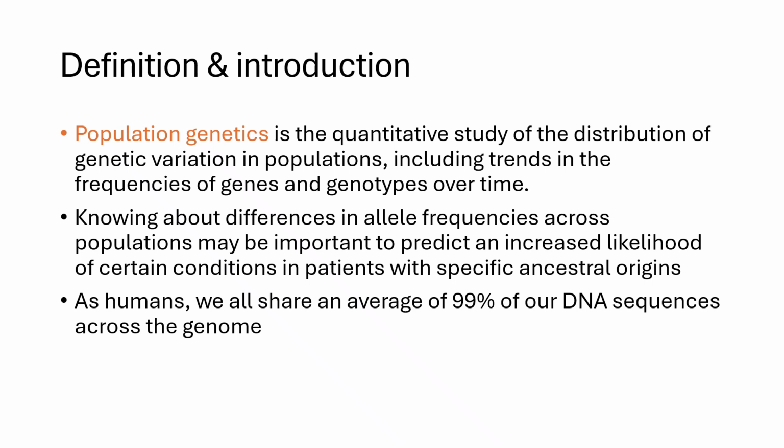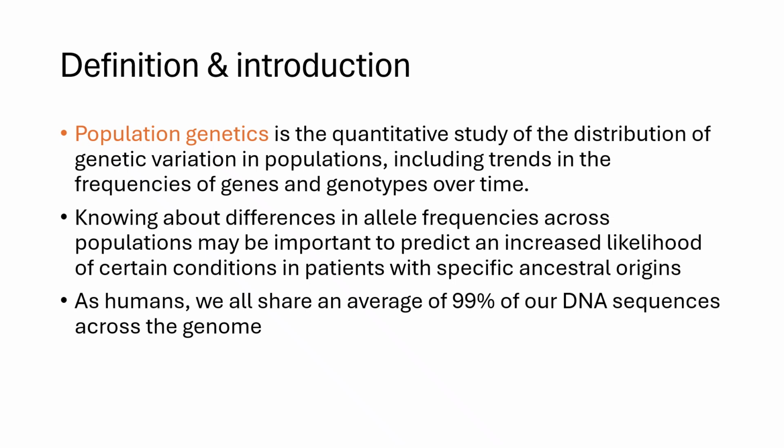So what I mean by this is that in some ancestral origins, there might have occurred a particular genetic variation, or you could also call it a mutation or a pathogenic variant. And because populations stay together generally, the frequency of that particular variant is more in just people of that ancestral origin.